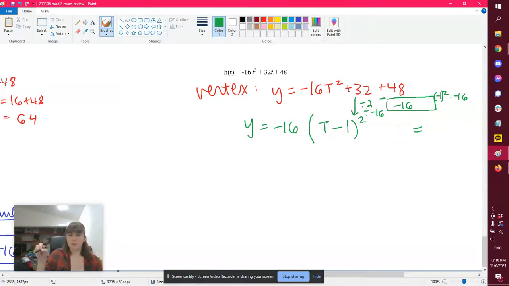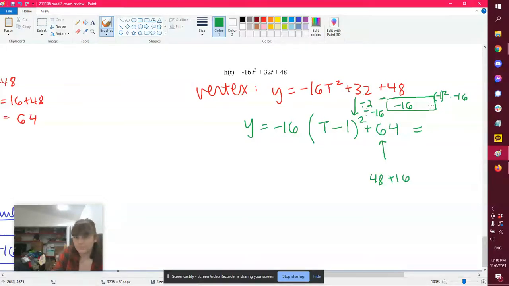And then to get this back number in the vertex form, you do 48 minus whatever number we just came up with, which here is minus a negative 16. So this is going to end up being 48 plus 16, which is 64. Which means our vertex is at positive 1, positive 64.